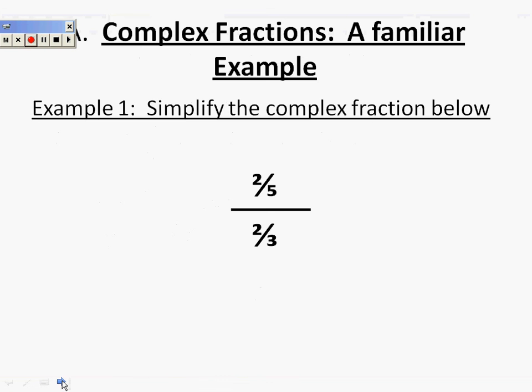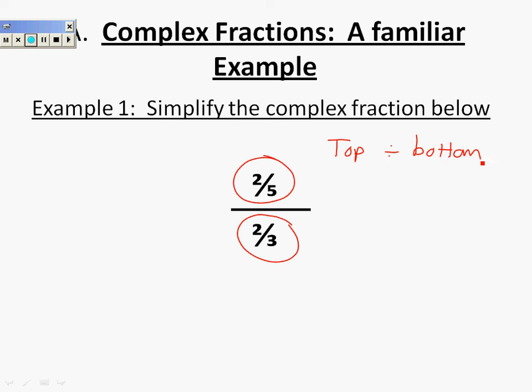So let's go ahead and solve this one that you guys wrote down. Here we go. Like I said, a fraction means top divided by bottom, right? So what's the top fraction? The bottom fraction? So it's top divided by bottom, correct?